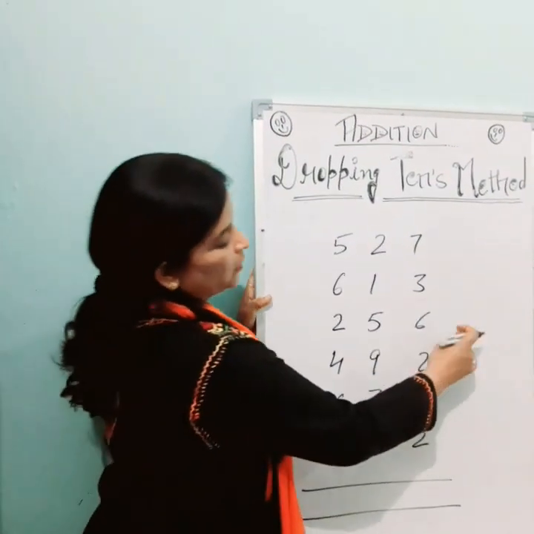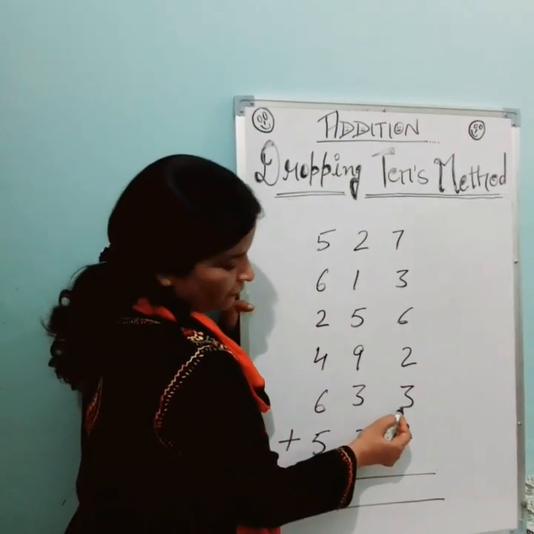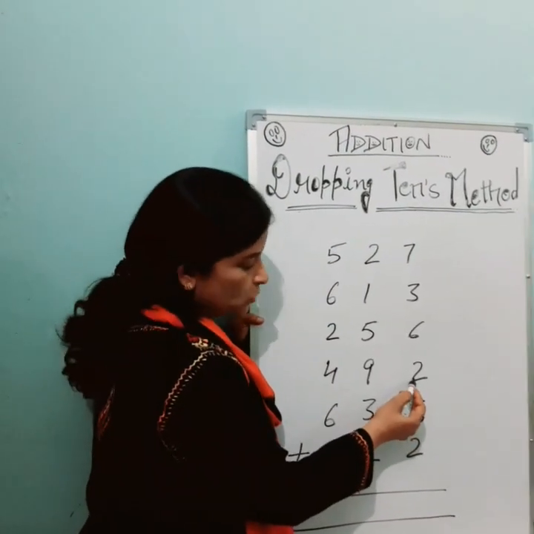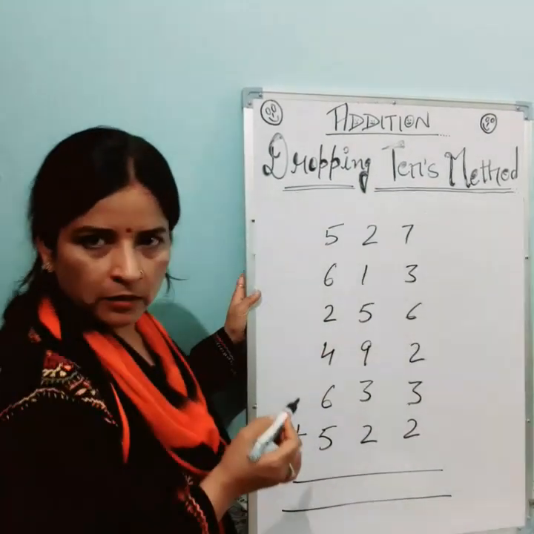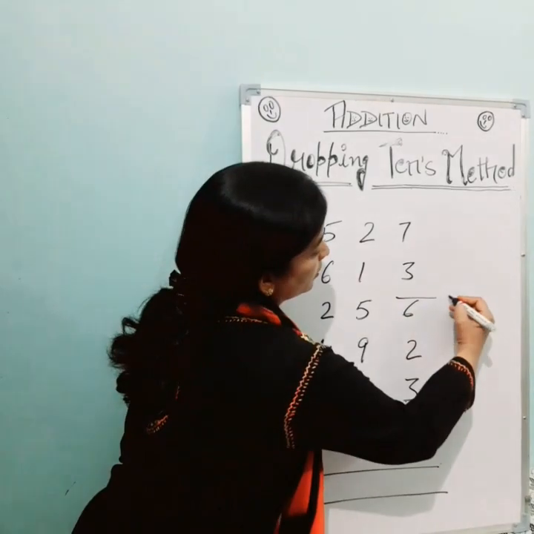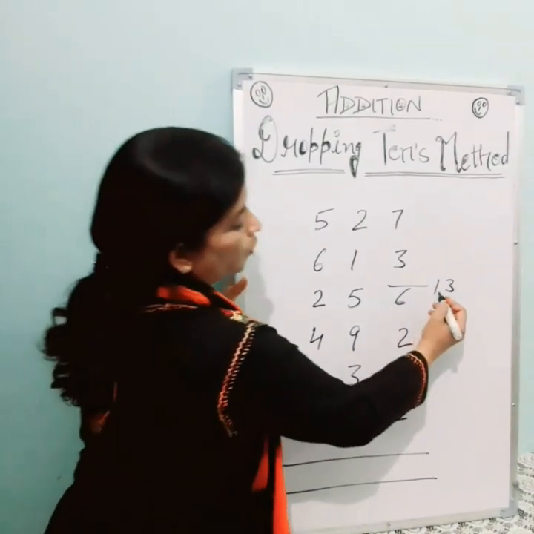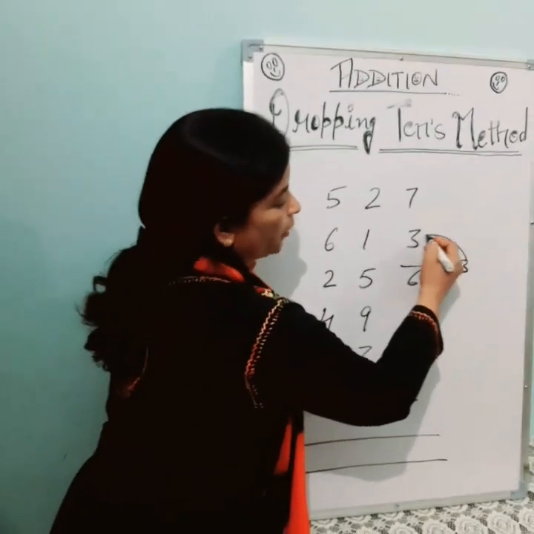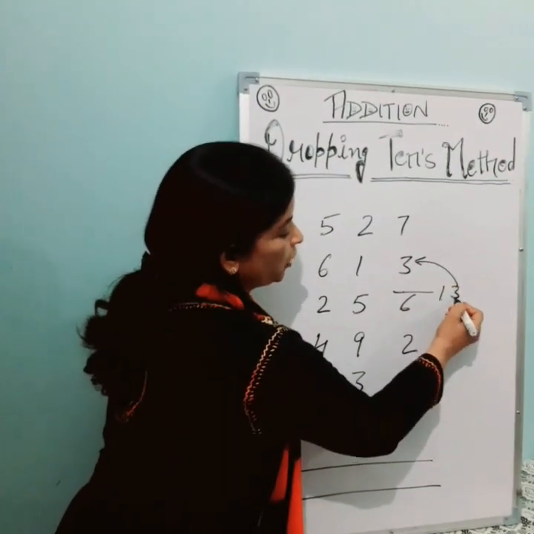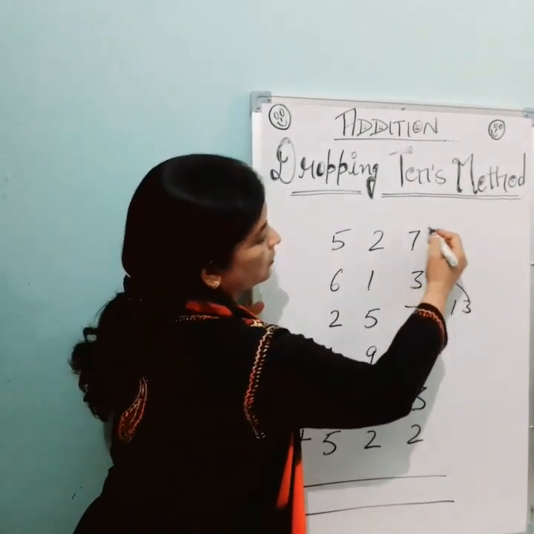We will start from the right side. 2 plus 3, 5. 5 plus 2, 7. 7 plus 6, 13. So our sum is more than 10 here. We will drop 10 here. What is the remaining one? 3. 3 carry to the next number. 3 plus 3, 6. 6 plus 7, 13.